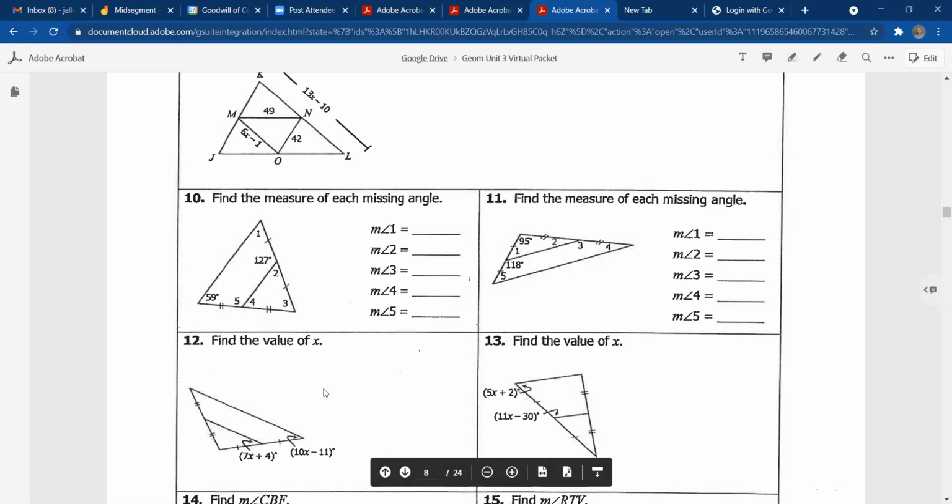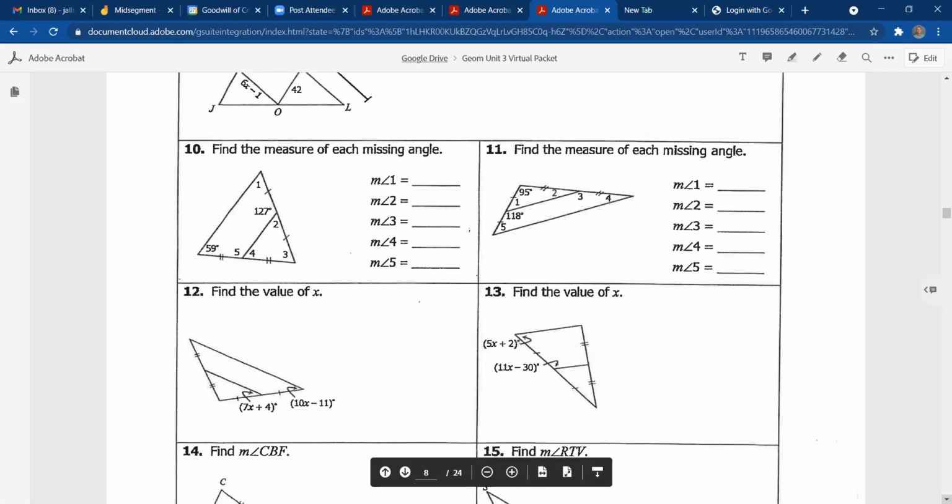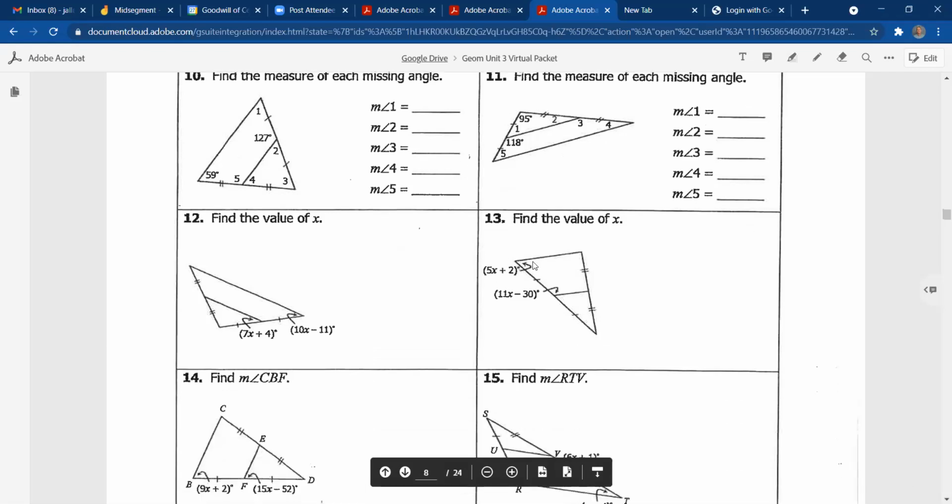So all the rest of this section is just a way to make that more difficult. Look at number 13. Here are the parallel lines, this line and this line. These are consecutive interior angles, so we're going to add those together and get 180. Problem number 12. Here are the parallel lines. These are corresponding angles, so those are going to be congruent.